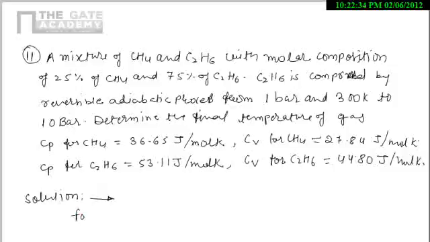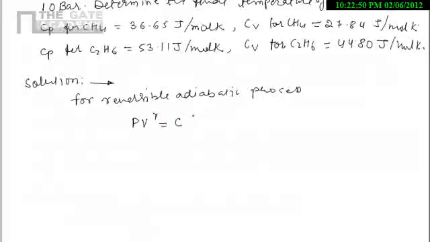So for a reversible adiabatic process we have a governing equation, that is PV to the power gamma equals constant, and in terms of temperature and pressure we have one more relationship, T2 by T1 equals P2 by P1 to the power (gamma minus 1) by gamma.